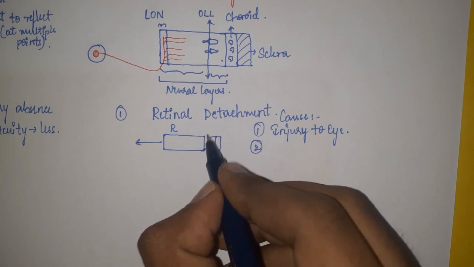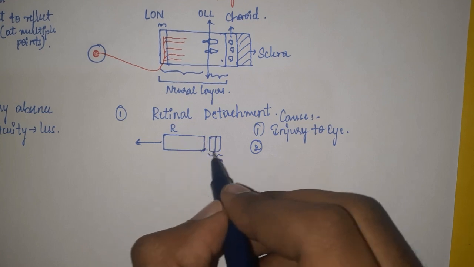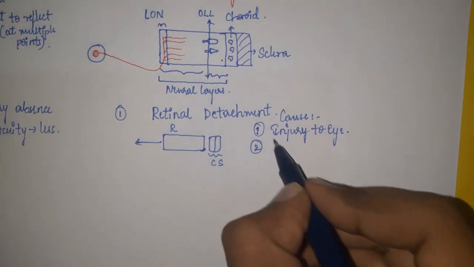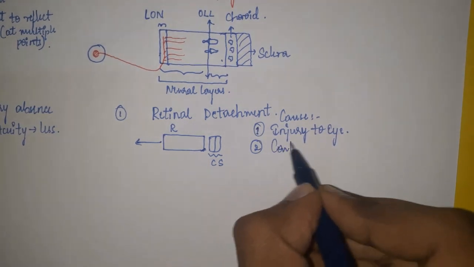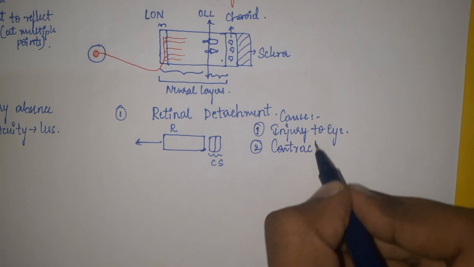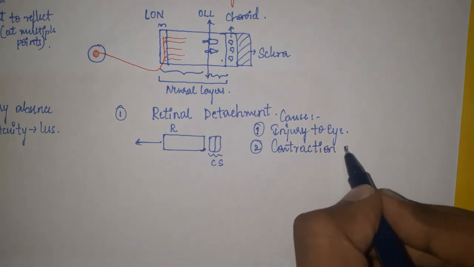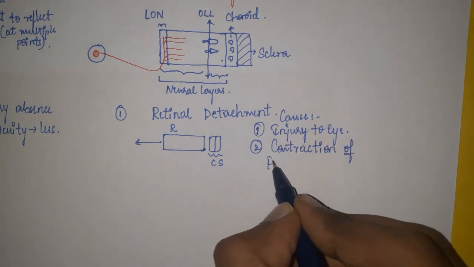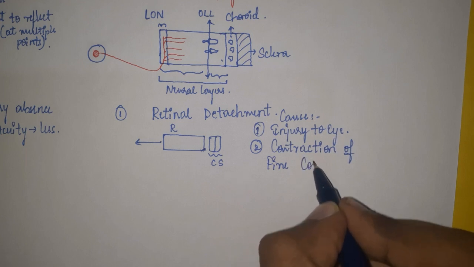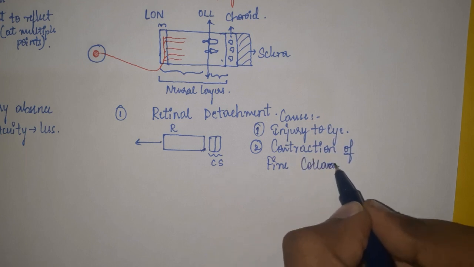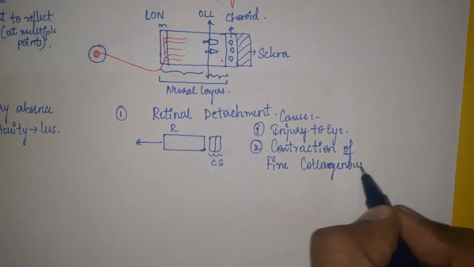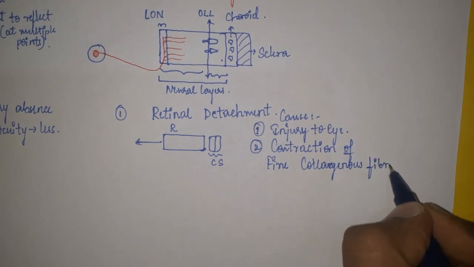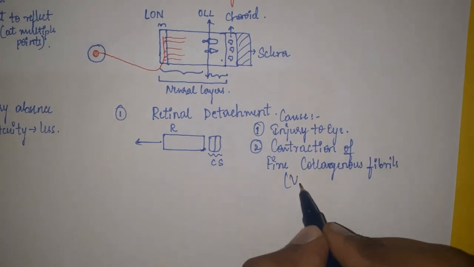This also causes separation of the retina from the choroid. So one of the causes is contraction of fine collagenous fibrils in the vitreous humor.